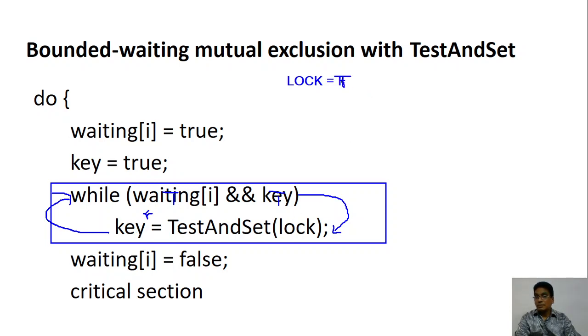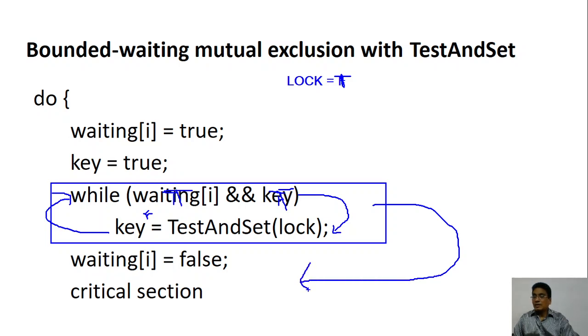If you don't follow it, go back and watch again how I have explained the test and set. So the lock becomes true, and its previous value will be given to key. So key becomes false. This one is true, this one is false. The while loop breaks, and you are in the critical section.